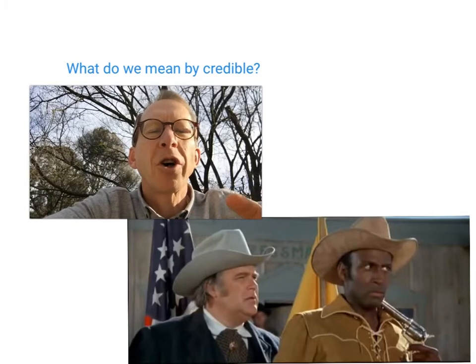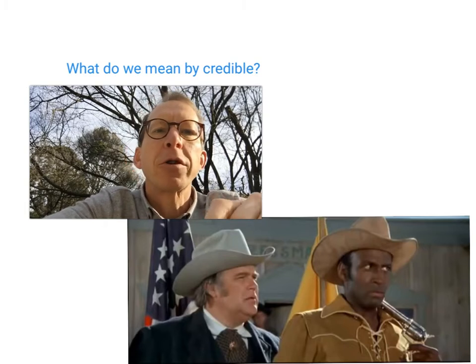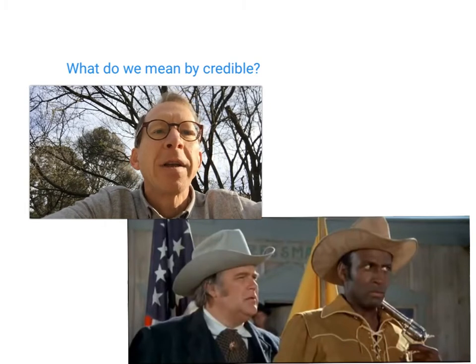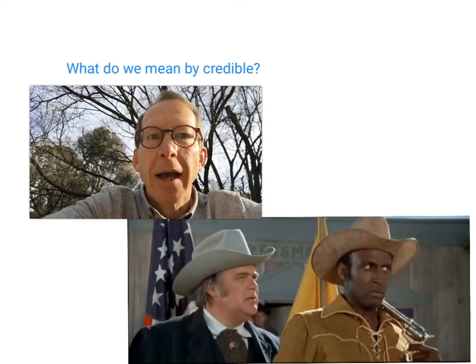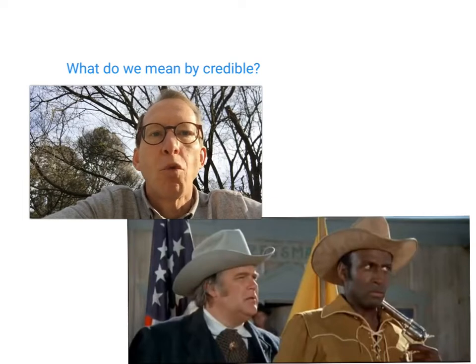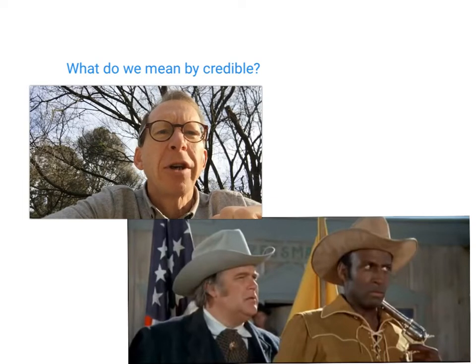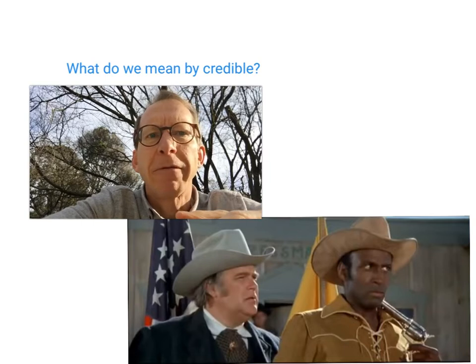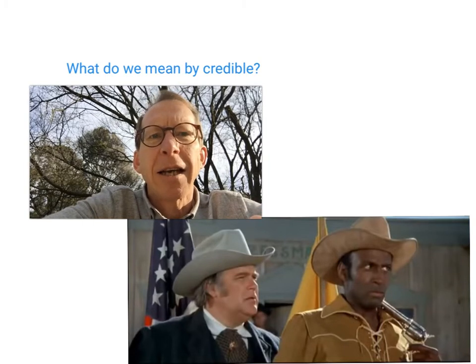Just below here, I've got a scene from the Mel Brooks film Blazing Saddles. This is the scene where the white township decides that they're going to lynch the black sheriff. The black sheriff responds by pulling out a gun and saying, "If you don't let me go, I'm going to shoot myself."